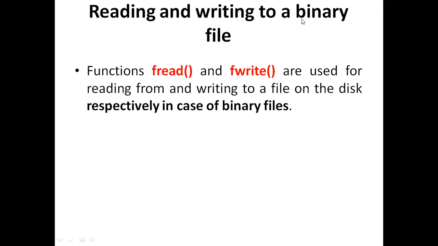The concept to remember here is that we are not passing the textual information directly; we are converting the textual information into binary format and storing it inside a file called a .bin file. Such a file is called a binary file.